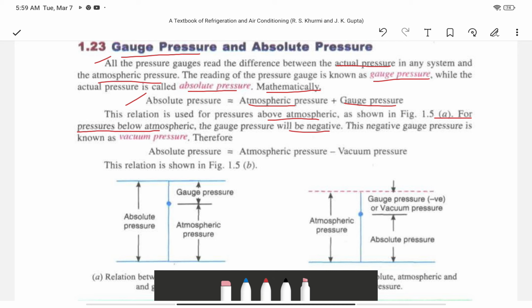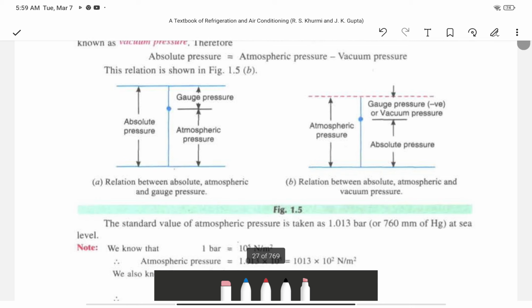He's referring to figure 1.5a. If you have an absolute pressure from this level up to there, then absolute pressure is equal to gauge pressure plus atmospheric pressure.